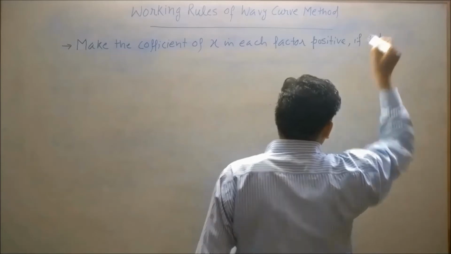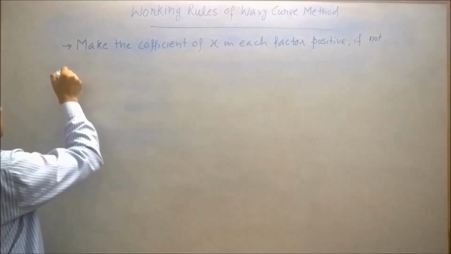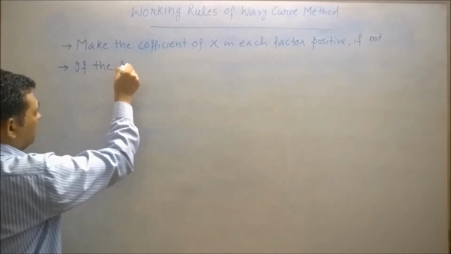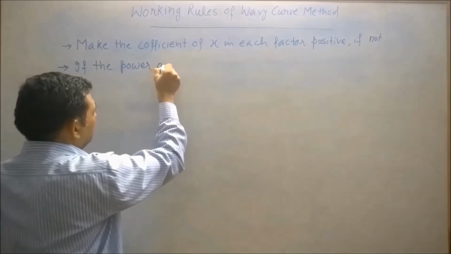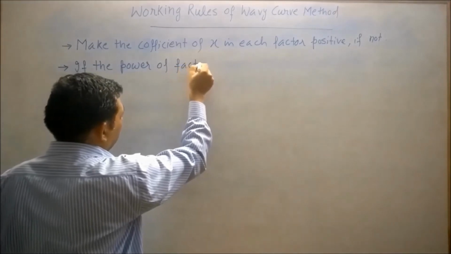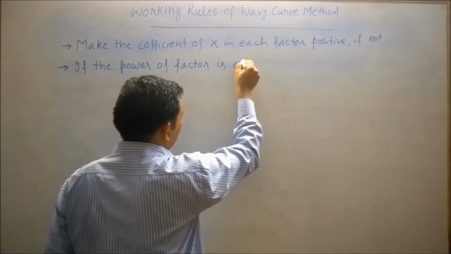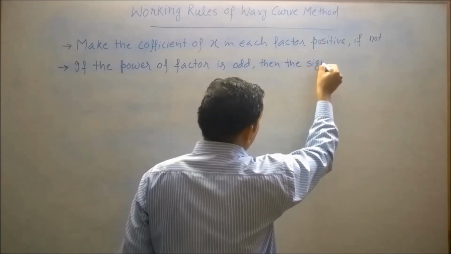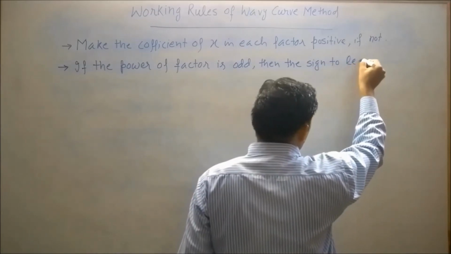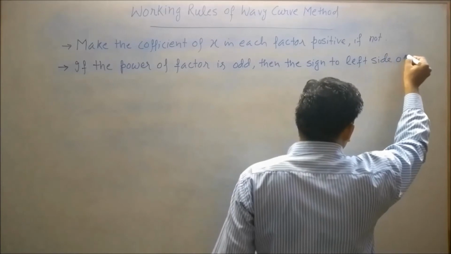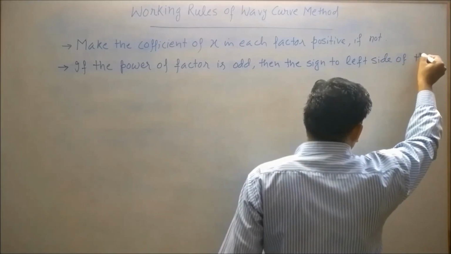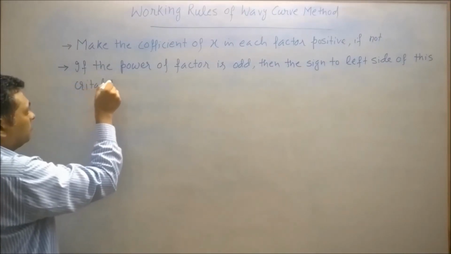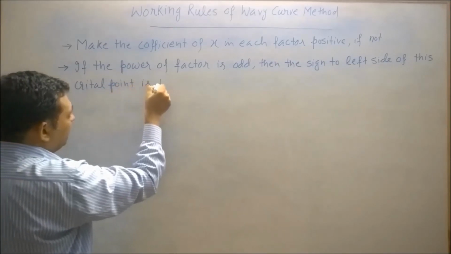If not, and the power of the factor is odd, then the sign to the left side of the critical point is to be changed.